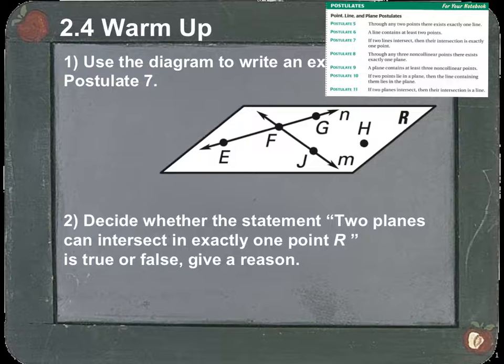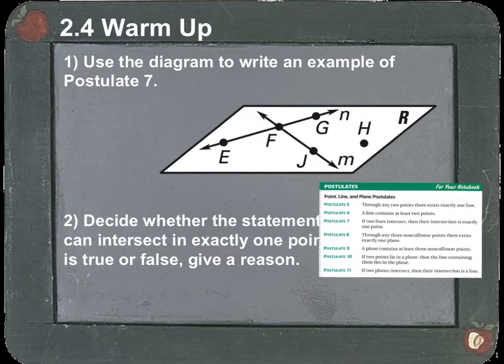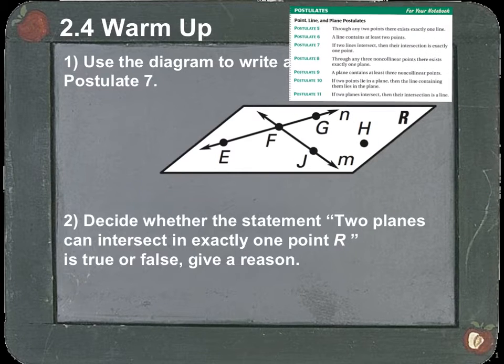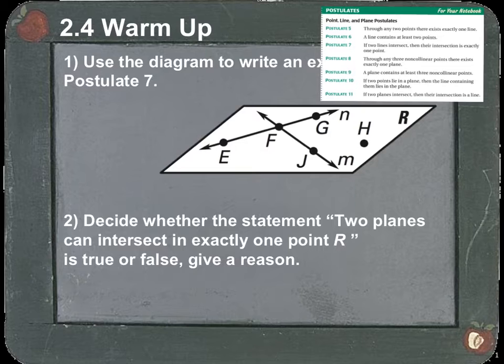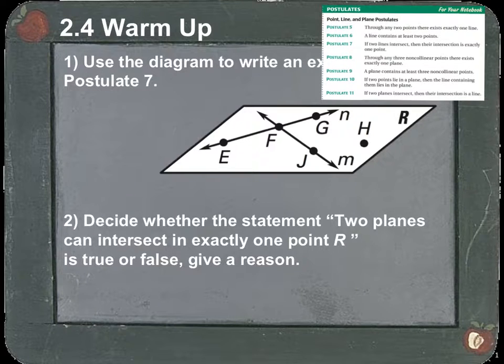All right, so the directions for number 1 said use the diagram to write an example of postulate 7, which was, if two lines intersect, then their intersection is exactly 1 point. So who can give me an example of something that they wrote based on this diagram that would showcase postulate 7? Line FJ intersects line EG at point F. Perfect.